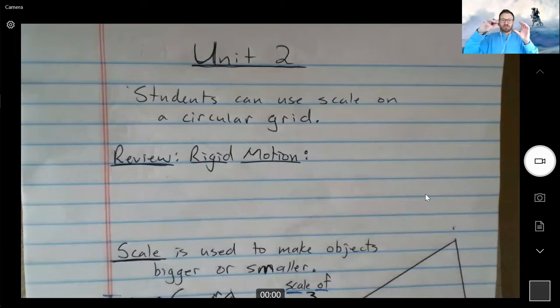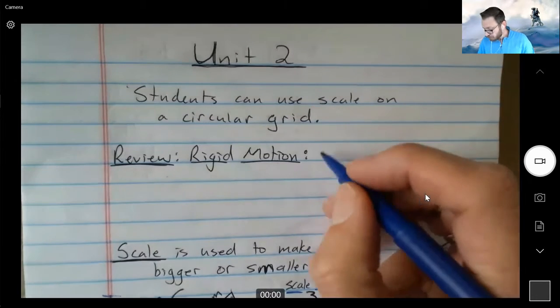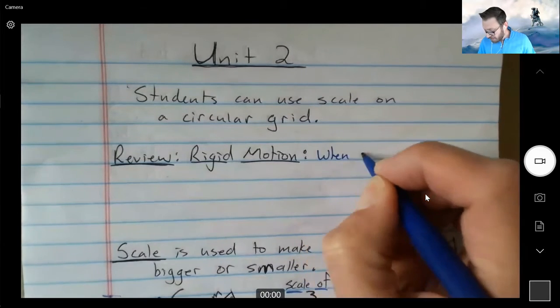And when you use rigid motion, the shape just moves on a plane. Maybe it reflects, maybe it rotates, but the shape stays the same. It's congruent, right?